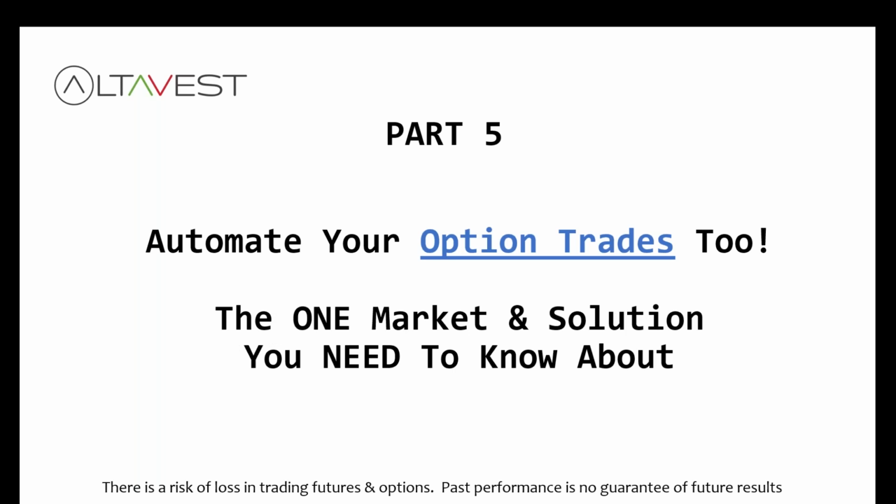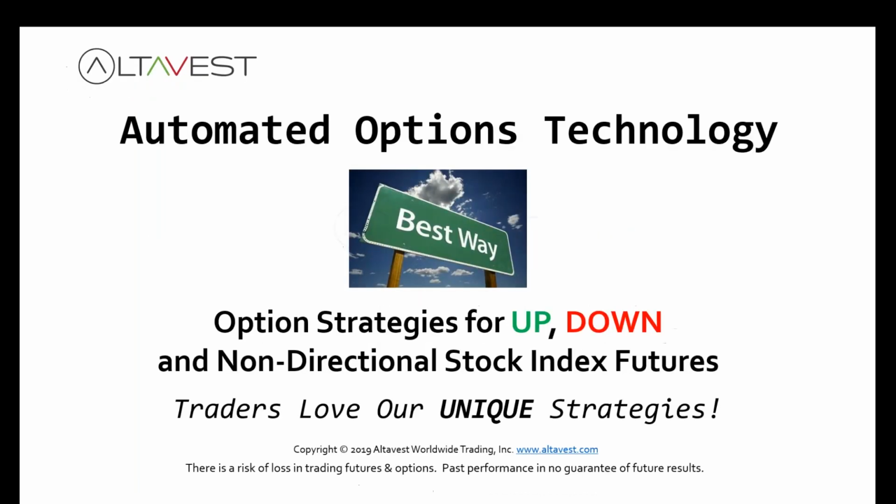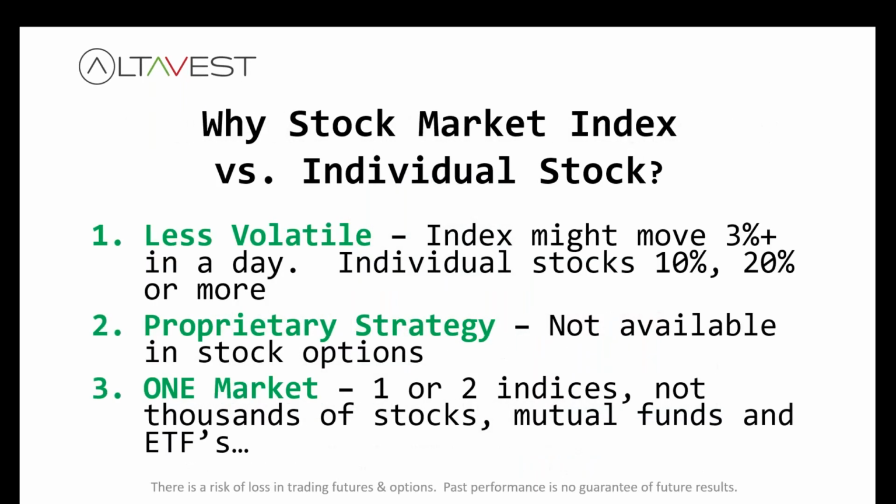This is the one market and solution I think you need to know about. Automated options strategies for up, down, and non-directional stock index futures. So that's what we're going to be looking at, and we have a unique strategy proprietary to us. First of all, why are we going to focus on stock market indexes and not individual stocks?